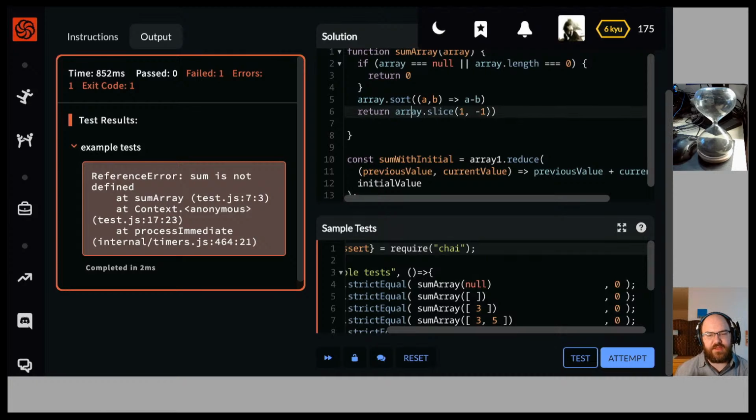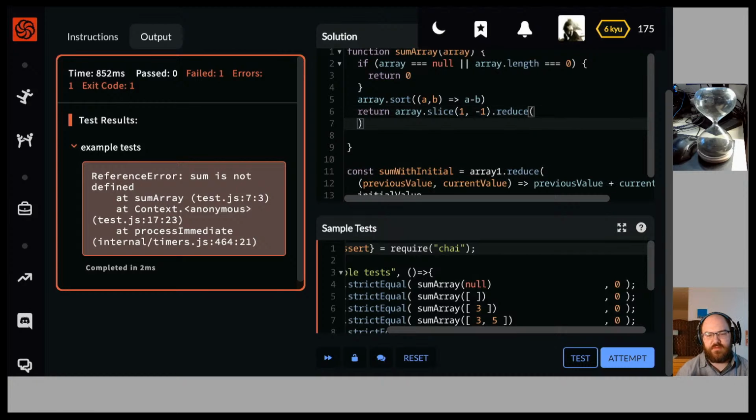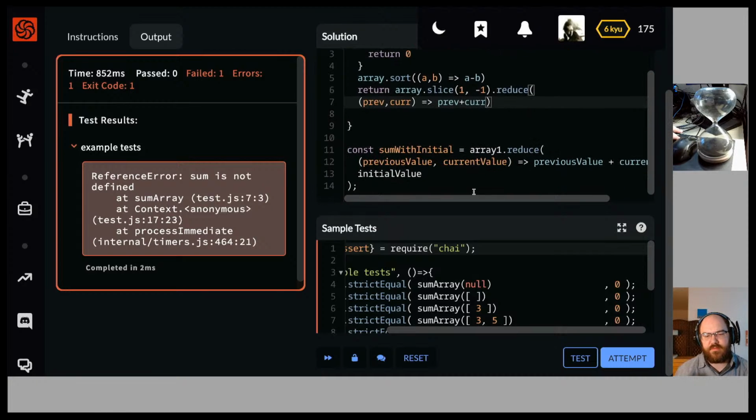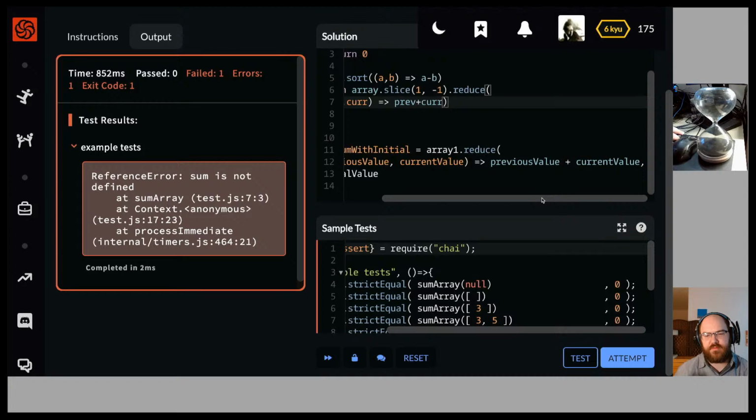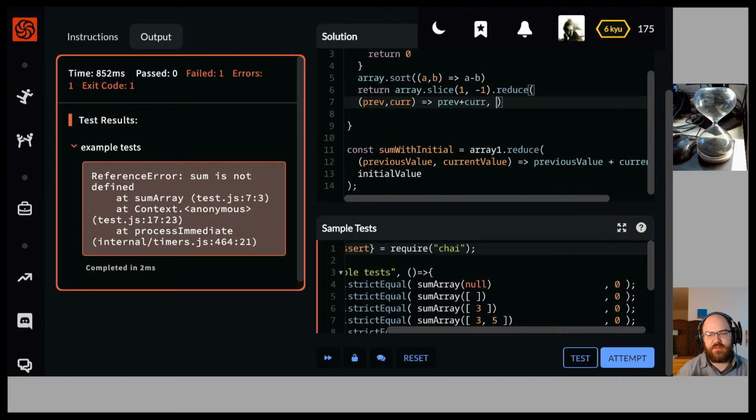Return array dot slice dot reduce with previous, current going to previous plus current, starting at 0.